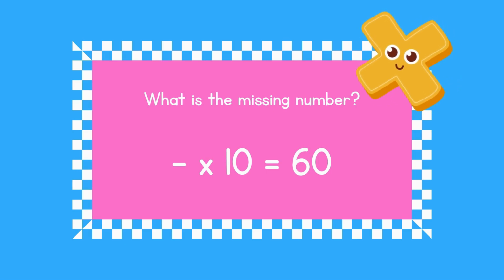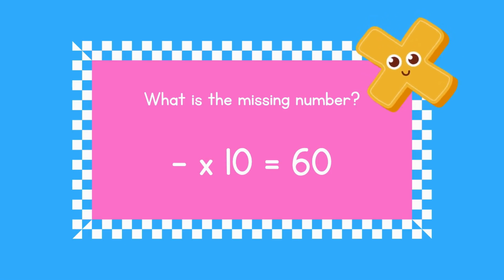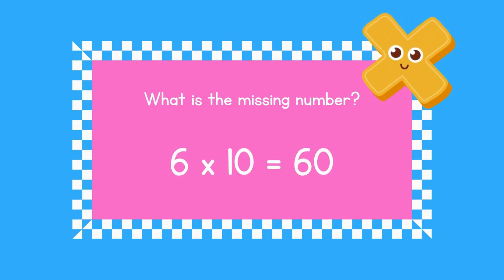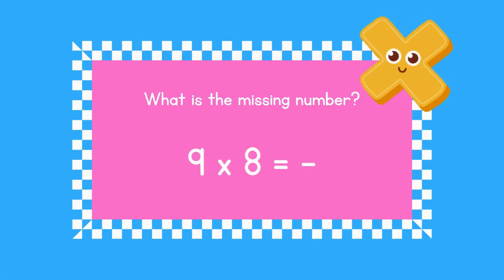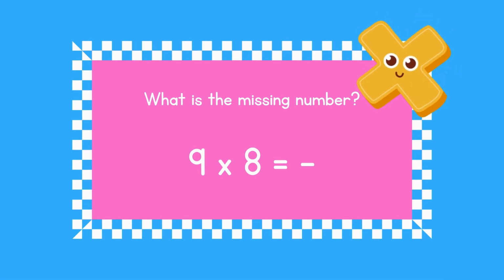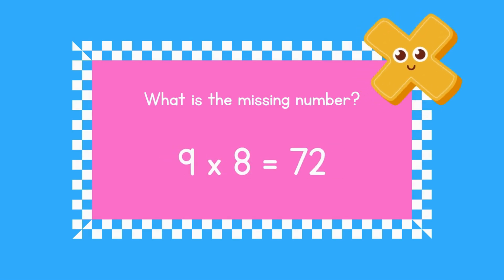Find the missing number. Six multiplied by 10 is 60. Find the missing number. Nine multiplied by 8 is 72.